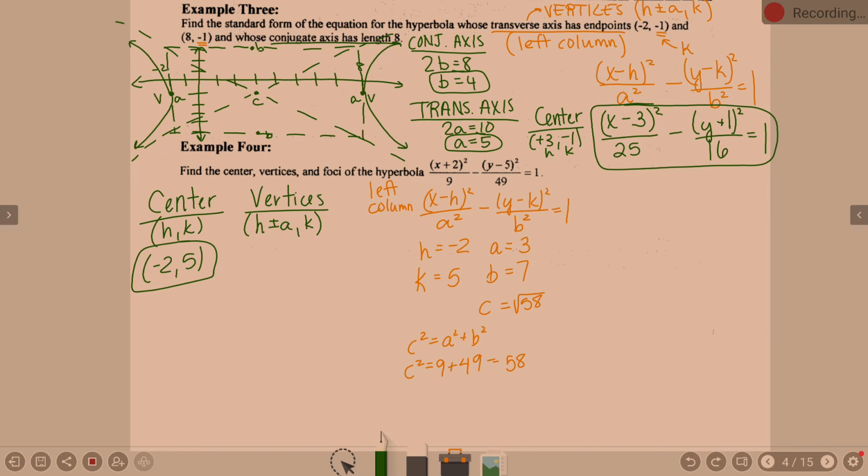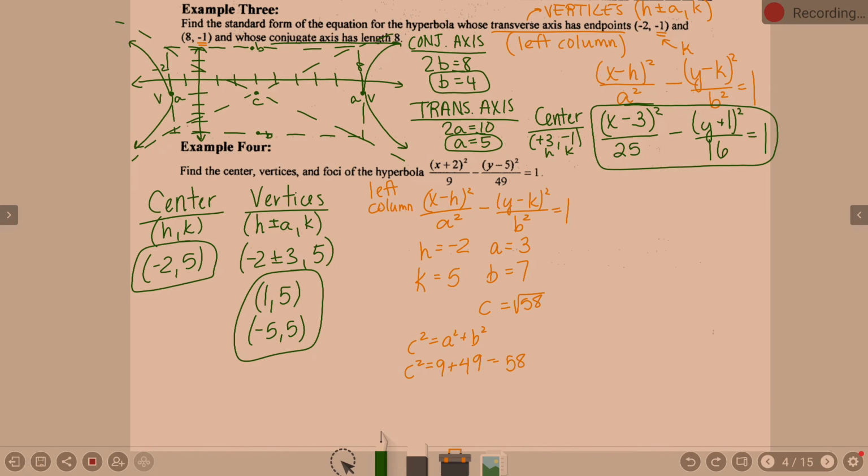I had a moment. And so this is going to be negative 2 plus or minus 3, comma 5. Do I like that answer? Not for a final answer. That's easy math. Negative 2 plus 3, positive 1, 5. Negative 2 minus 3, negative 5, 5. Don't be lazy, do the easy math, right?